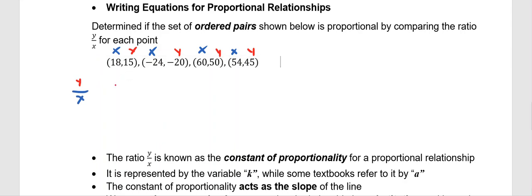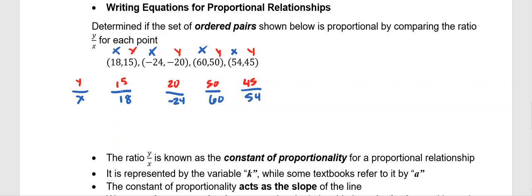Y is 15, y is 20, y is 50, y is 45. I'm just doing this to keep the colors constant. Now my x is 15 to 18, negative 20, negative 24, 50 to 60, finally 45 to 54.